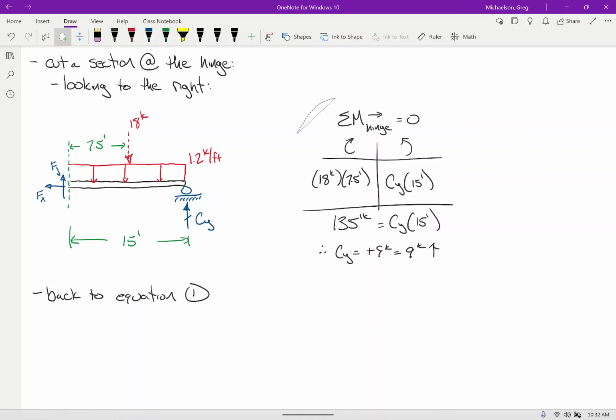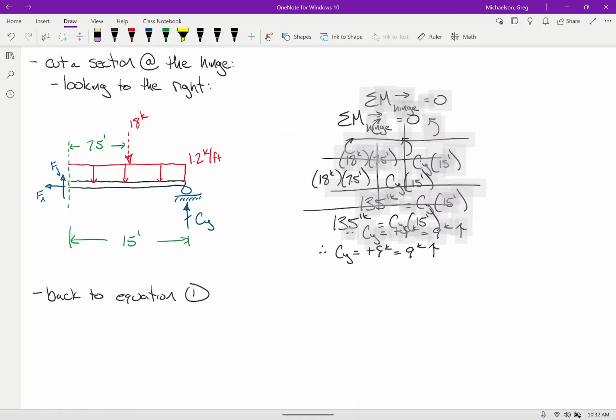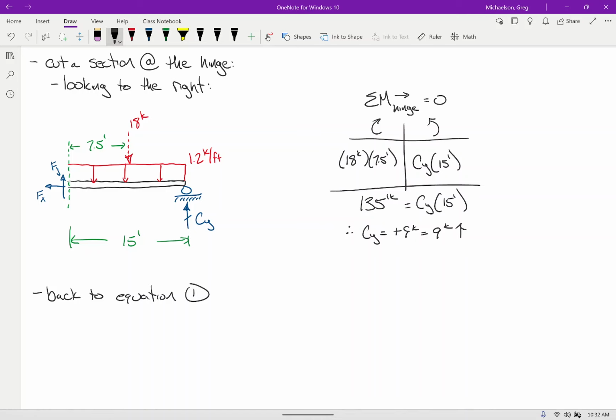I'm going to move that up just a little bit. Okay. So equation 1 was BY times 30 plus CY times 60 is 2430.